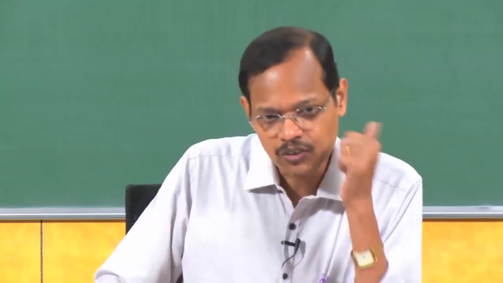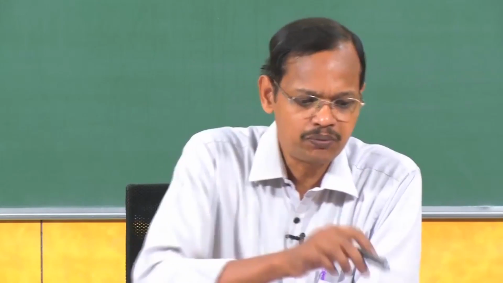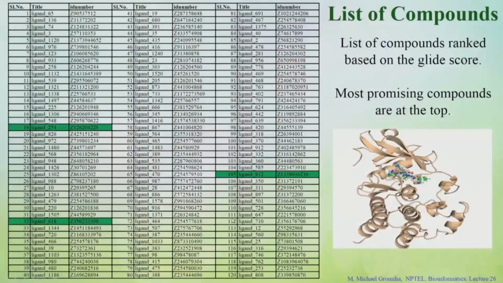So, if Schrodinger could get the best one, the top one should be at the topmost position, right. But if you look into the experimental data, these are the ligands which showed some potential inhibition, ranked number 18, 32 and 105, right.